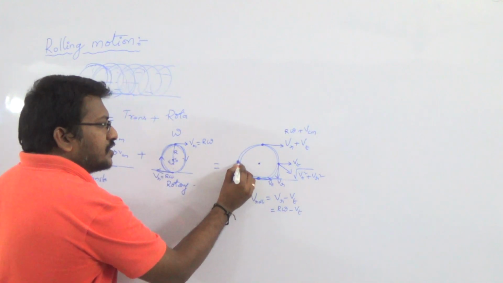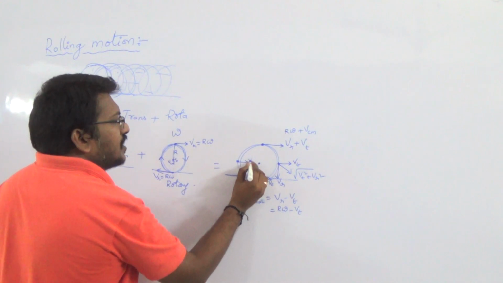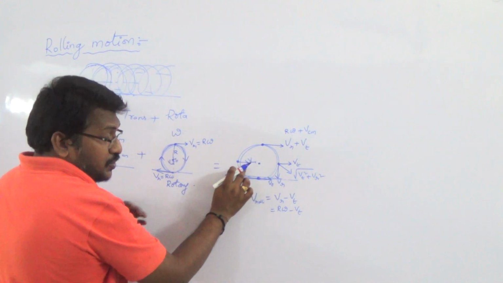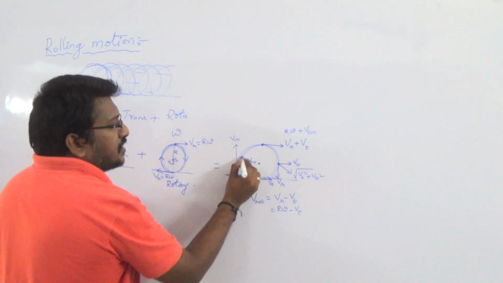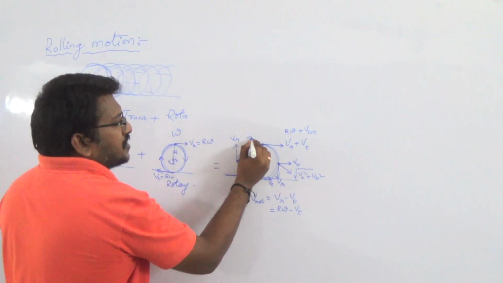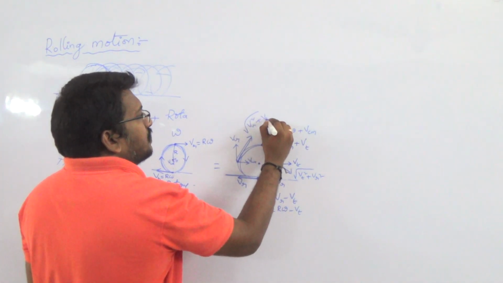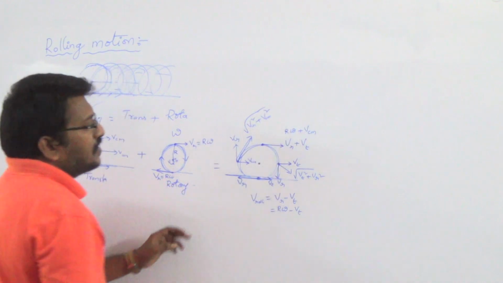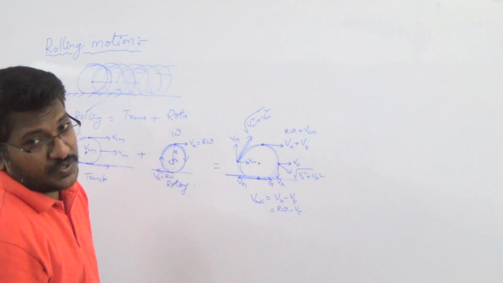At this position, we can calculate the velocity like this. Here also we get VCM due to translatory motion and Vr due to rotatory motion, and the resultant velocity of this particle is the square root of Vr squared plus VCM squared. So that is the velocity of the particles when the body is in rolling motion.